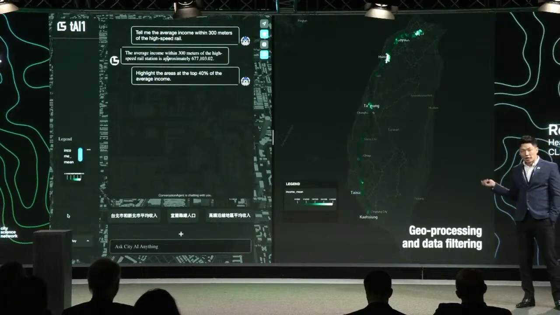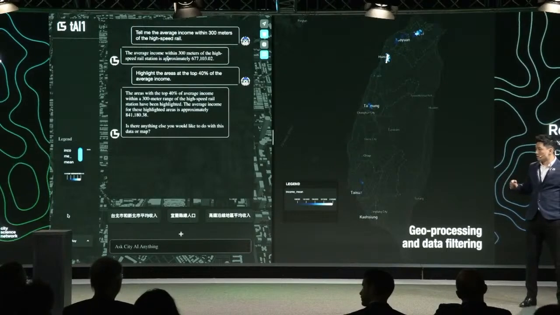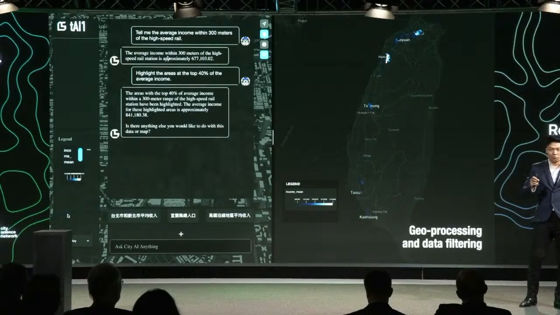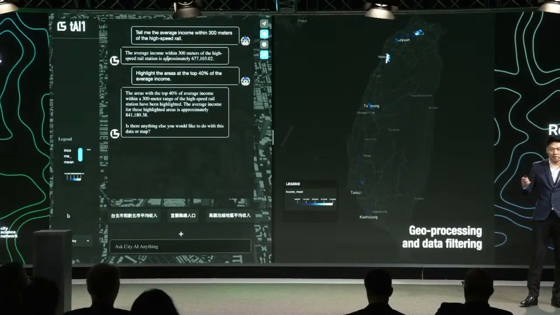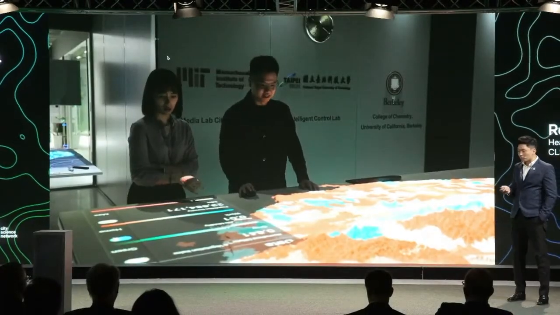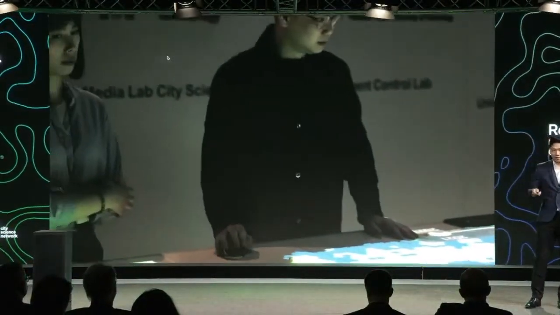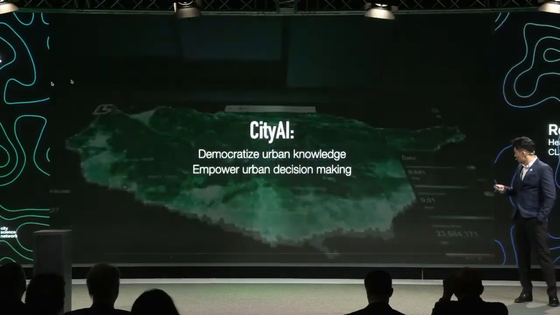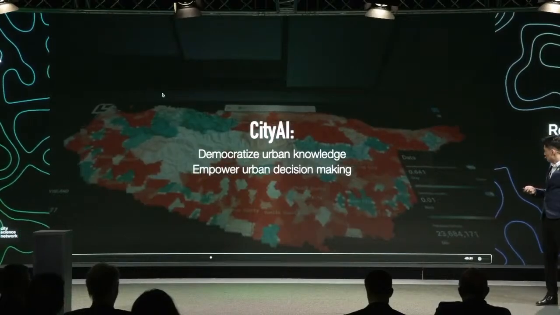And then again, the AI running in the background spits out the result and visualizes it. All this used to require at least one GIS expert or data analyst working for at least a couple of hours to crunch the data and visualize it, now automated in a matter of a few seconds. With this tool, we're hoping to make it more sophisticated for more complicated questions. And with the power of a collaboration platform, we hope to democratize urban knowledge and empower more urban decision making.